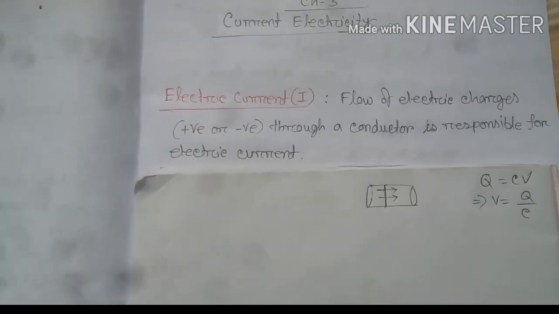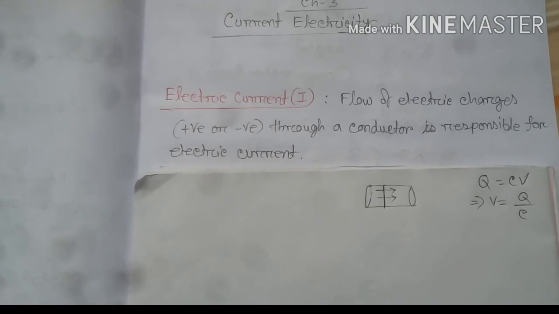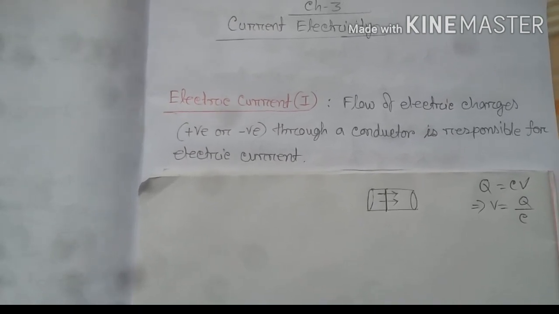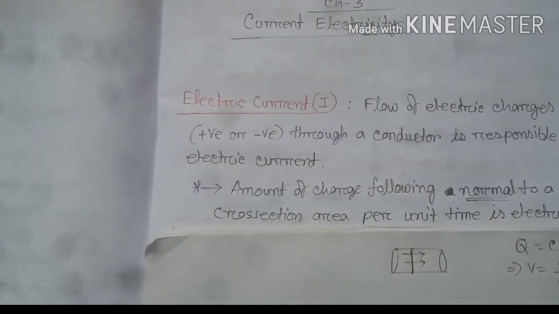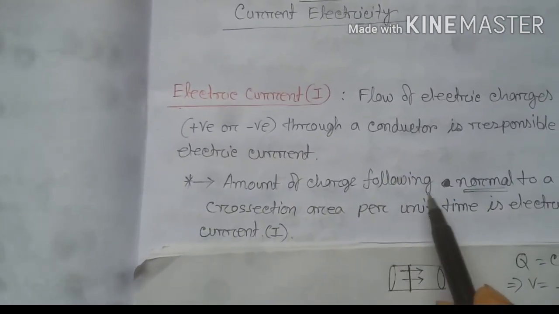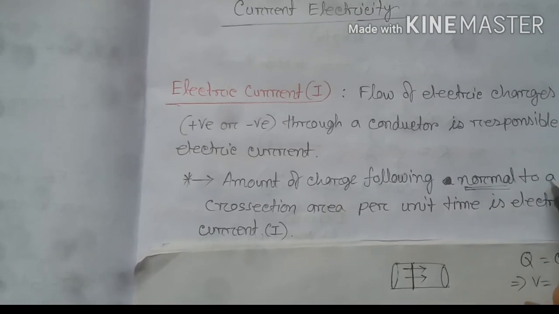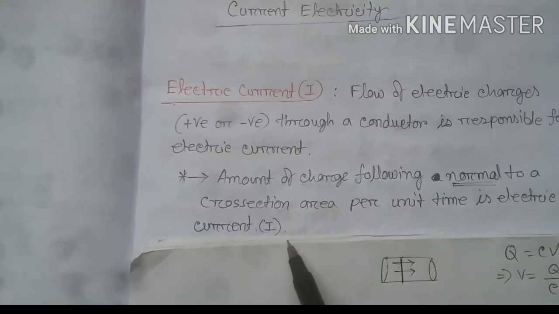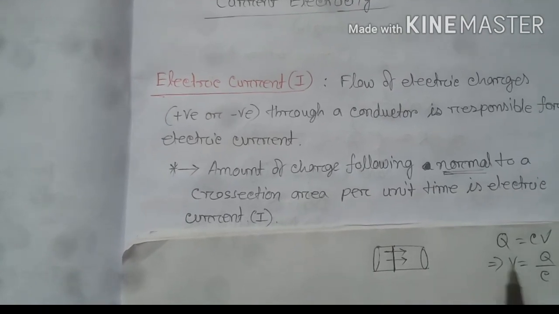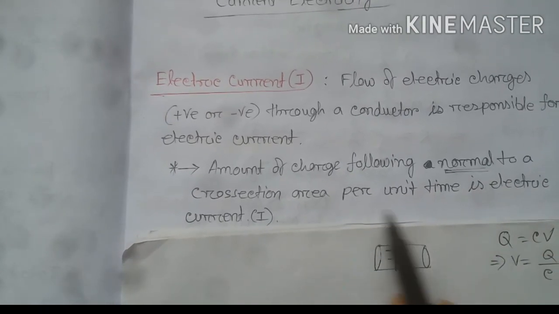Now how to measure the electric current? The electric current can be measured by the rate of flow of charges through a unit area. In other words, the amount of charges flowing normal to a cross section area per unit time is electric current. The flow of charges should be normal to a cross section.